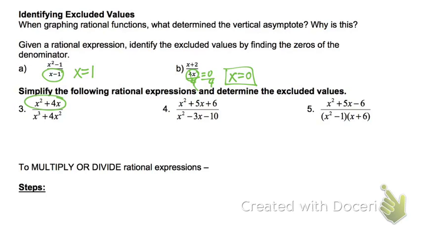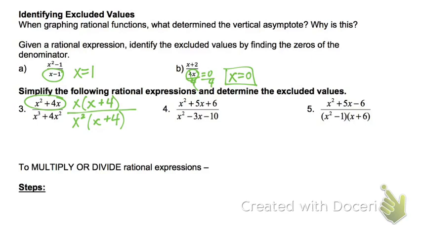Just x. So x on top, then I'm left with x plus 4. On the denominator, what can I pull out? What's my greatest common factor? x squared. I'm left with x plus 4.